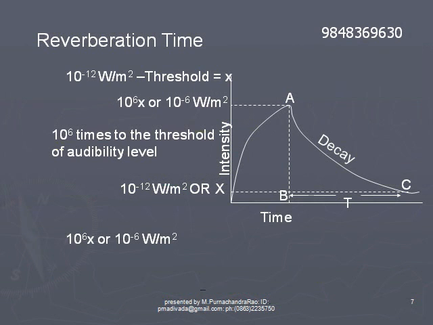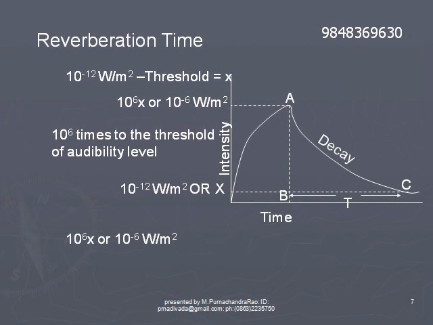Then the intensity of sound received will be continuously decreasing. Starting from an initial level of 10 to the power of 6 times the threshold of audibility.